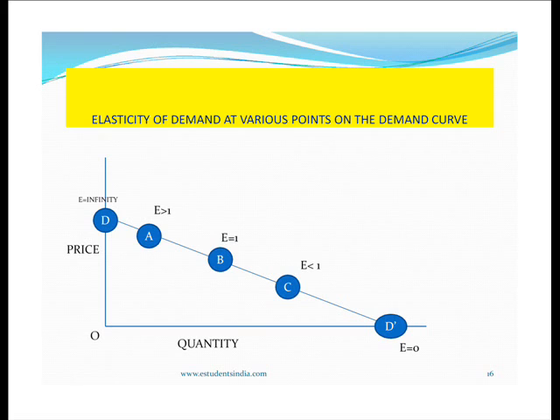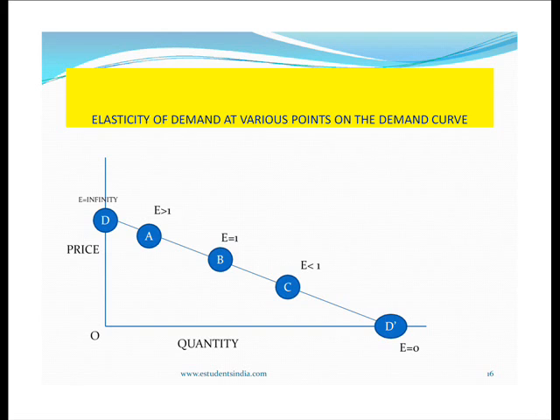Elasticity of demand at different points on the demand curve. Look at the graph, D dash demand curve. The elasticity of demand is different at different points on the demand curve. Look at the various points.